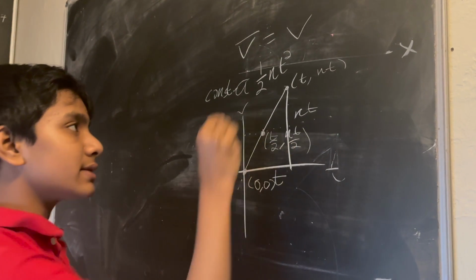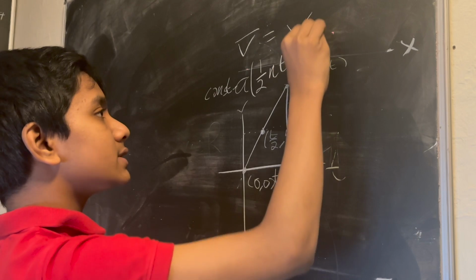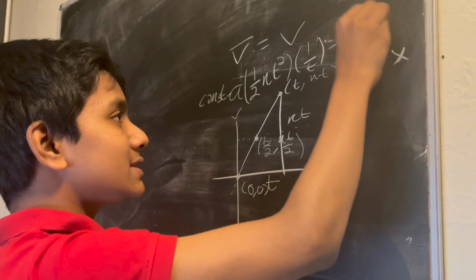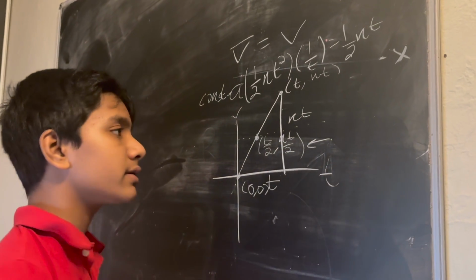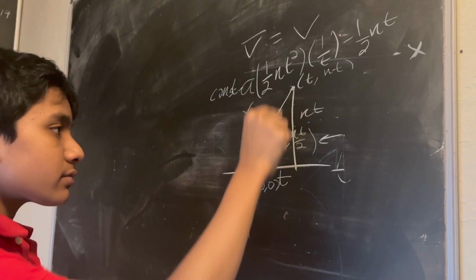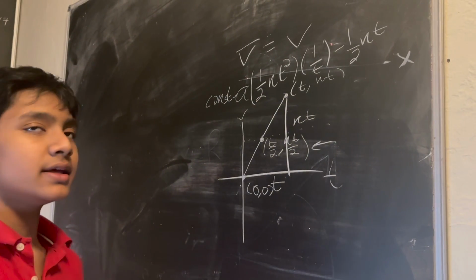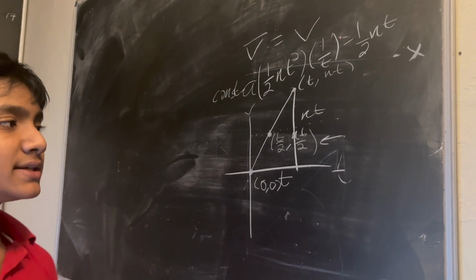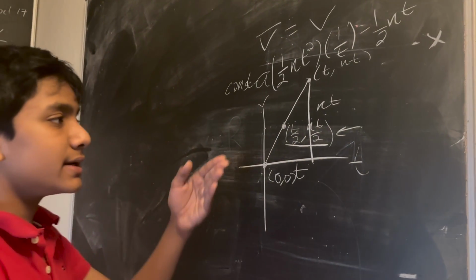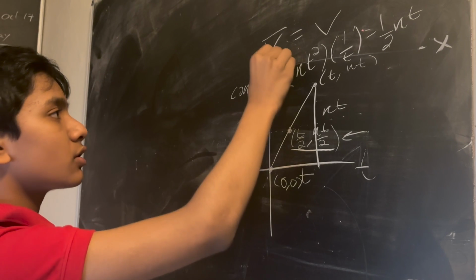Then you divide by the length of this interval, which is t, to get half nt, which is exactly the value of the midpoint. So, if you have a linear velocity with a constant acceleration, then the midpoint is exactly what your average velocity is going to be.